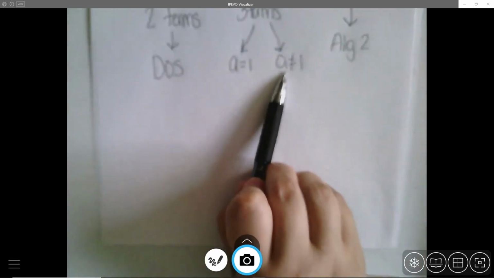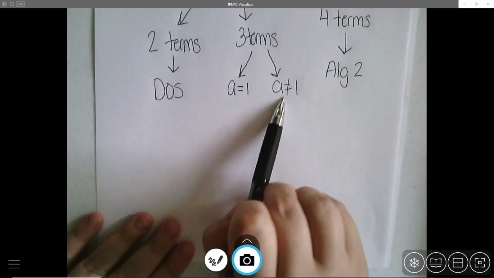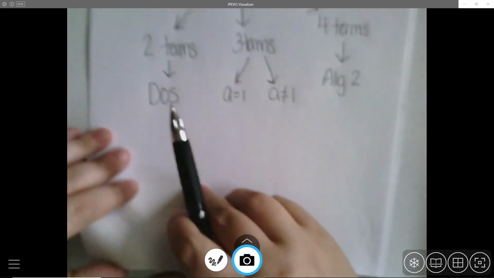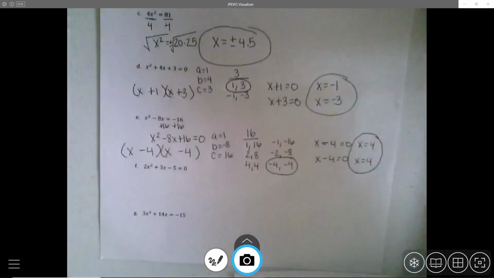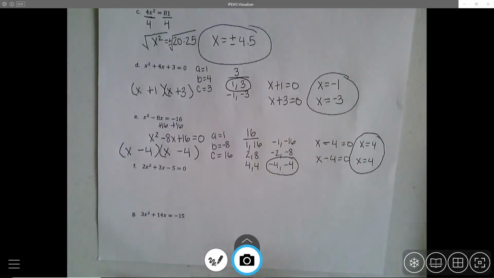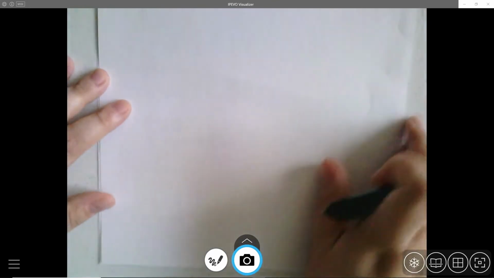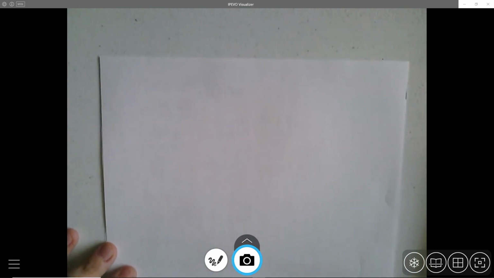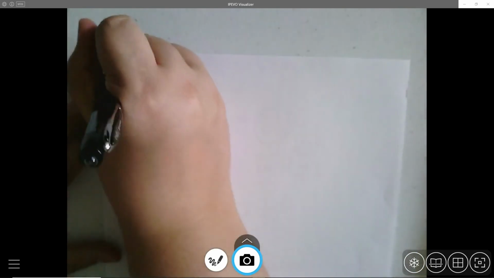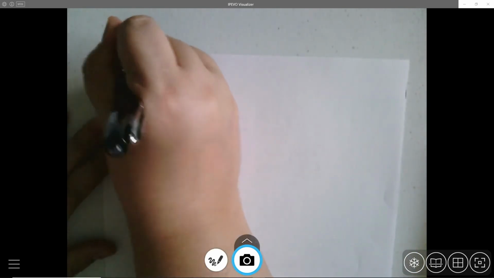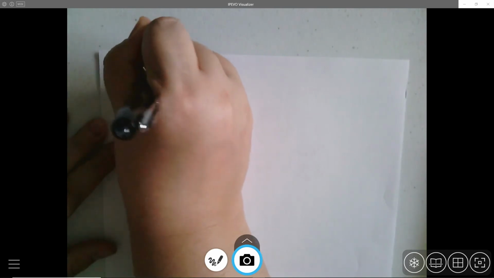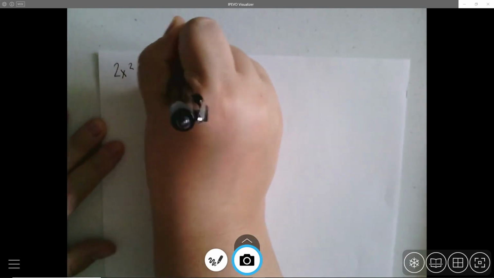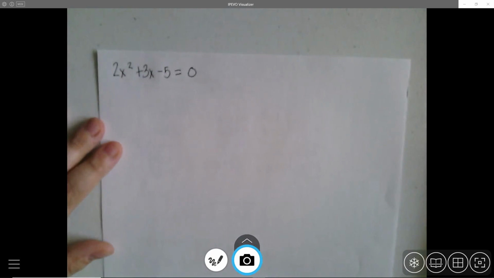This one falls into the A does not equal 1 under 3 terms. On F, A equals 2. So now, I'm going to write the problem here on this separate sheet of paper so we have more space to solve it. 2x squared plus 3x minus 5 equals 0.